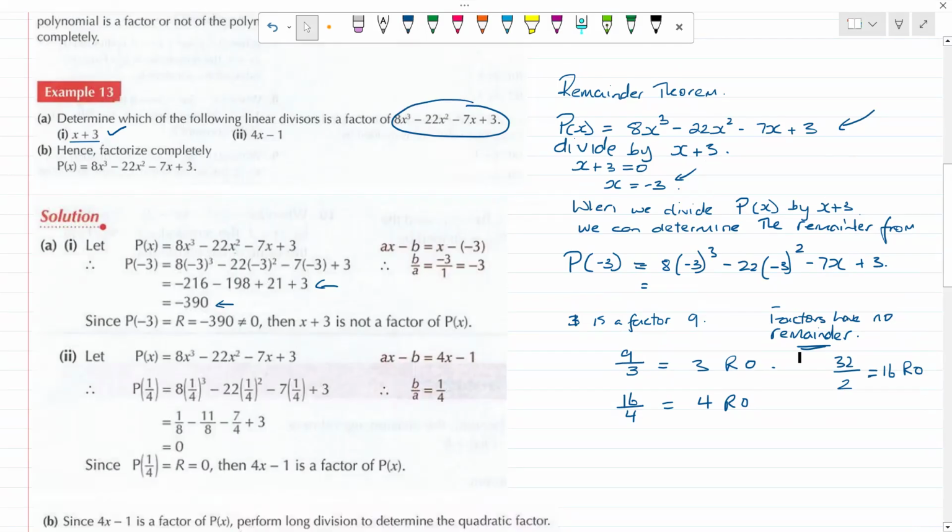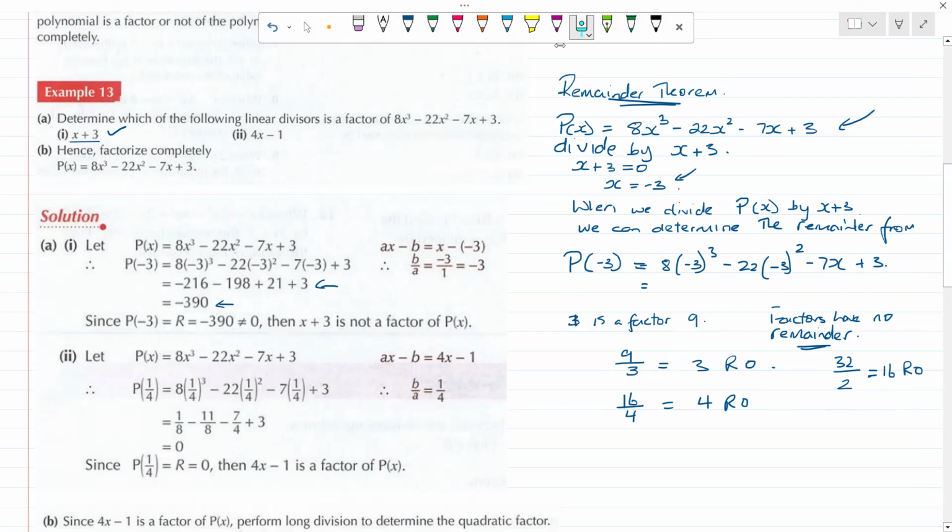So using our remainder theorem, or the way in which you would have calculated the remainder of a polynomial, we could identify factors of a polynomial. In this particular example, they said determine which of the following linear divisors, x plus 3 or 4x minus 1, is a factor of this polynomial, 8x cubed minus 22x squared minus 7x plus 3.